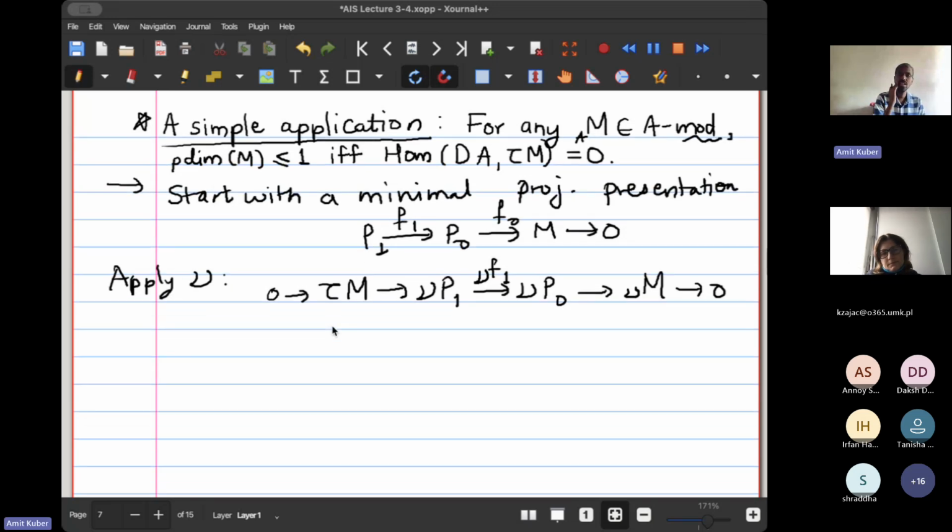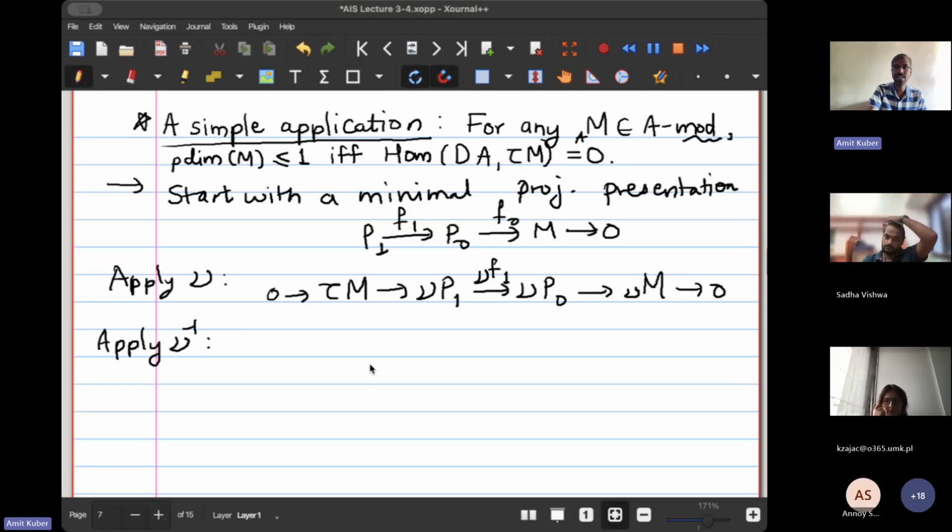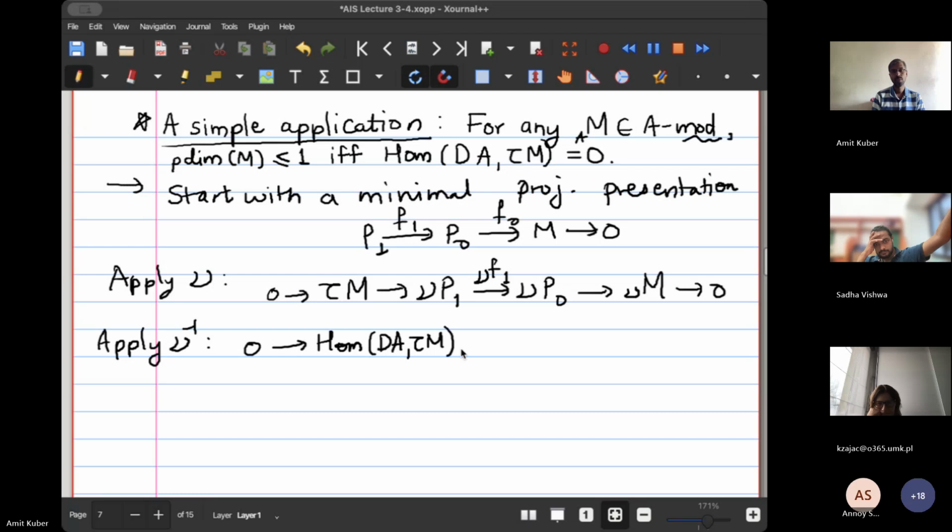But then the idea is to apply nu inverse again. Now, what will happen? Well, nu inverse is left exact. Nu is right exact, so nu inverse is left exact. Therefore, it will preserve the first zero. What is nu inverse? Well, it is Hom_A(D A, tau M). And then nu inverse nu P1, nu inverse nu P0.